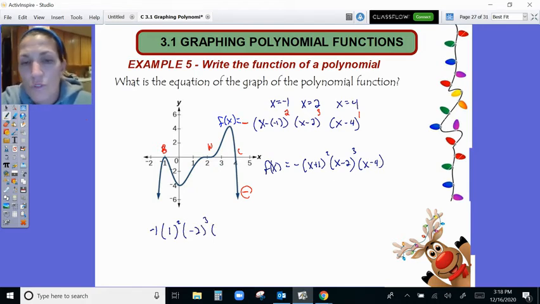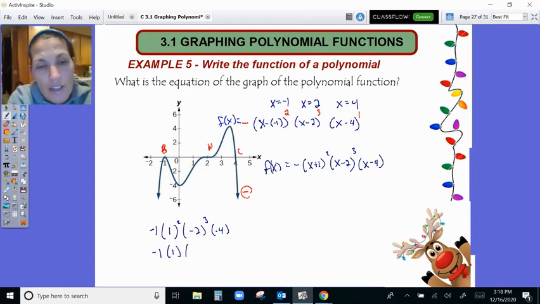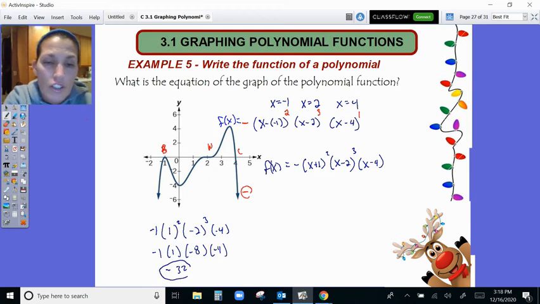And 0 minus 4 will be just -4, okay? So this would be -1 times -8 times -4, okay? This will end up being a negative, and that's a positive 32. So -32. So this is what we end up with if we plug in 0 for x.